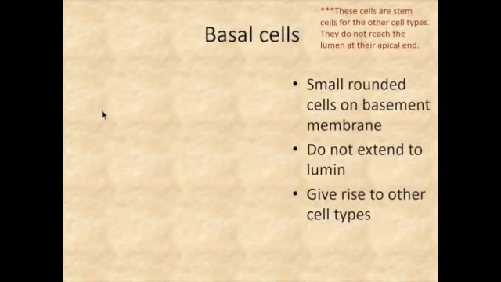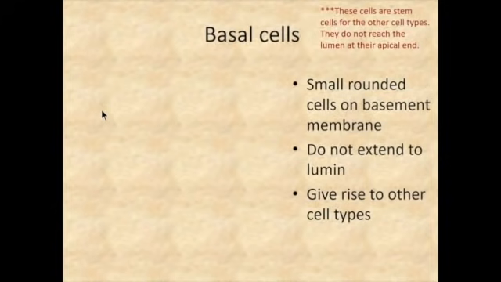Okay, now then there are basal cells. Basal cells are small spherical shaped cells that lie adjacent to the basement membrane, and they are going to be the stem cells for all of the cell types in the epithelial sheet. This is a very common pattern that we're going to see throughout several systems that have stratified or pseudostratified epithelium, or epithelium that changes like a transitional.